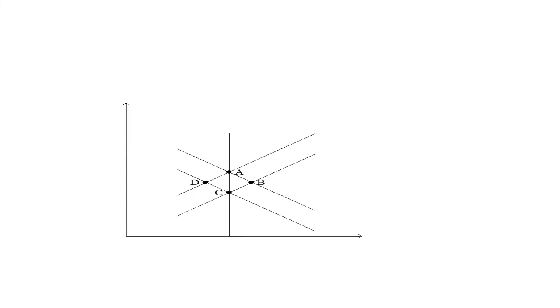Now, what do I have to think of? At B, I'm making more product than at C. At B, I need more workers. If the demand for workers increases, wages are going to go up. If wages go up, supply is then going to shift left because firms are making less profit.